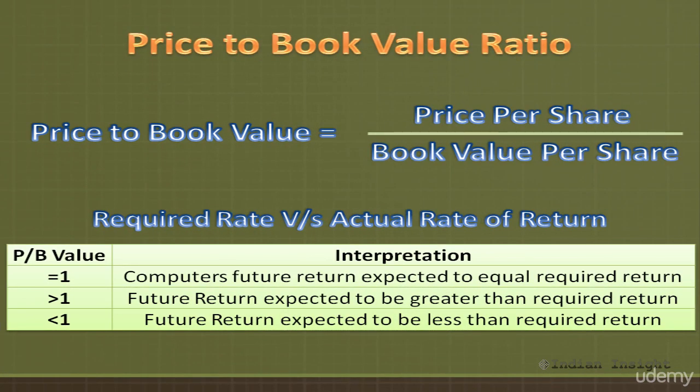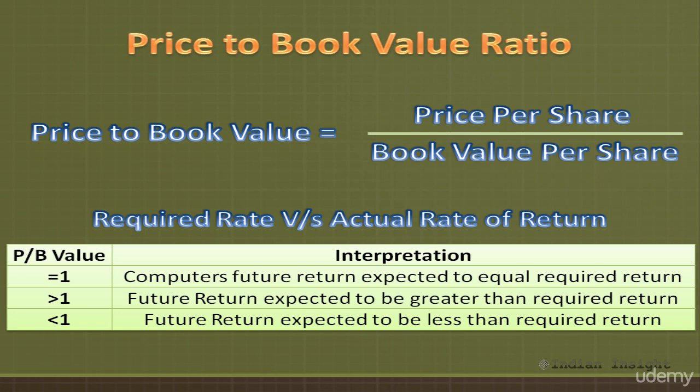Now, the price to book value ratio facilitates useful comparison of a company's stock price. This ratio is often interpreted as an indicator of market judgment about the relationship between a company's required rate of return and its actual rate of return. Assuming book values reflect the fair value of assets, a price to book value of 1 is interpreted as an indicator that the company's future returns are expected to be exactly equal to returns required by the markets.